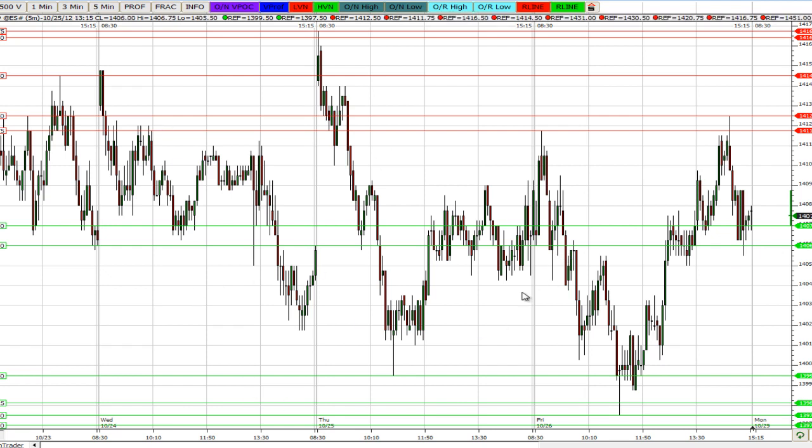This was just drawn in to help us remember that this is a whole important area. We can remember that 1397 to 1407 is important because of the bigger picture. But for all practical purposes, 1406, 1407 is no longer going to be an important support zone in and of itself for the coming days.